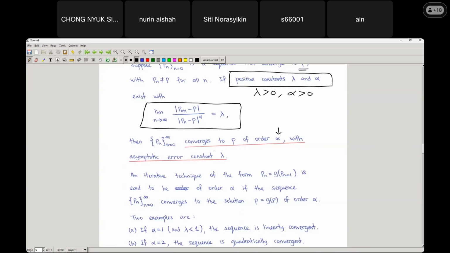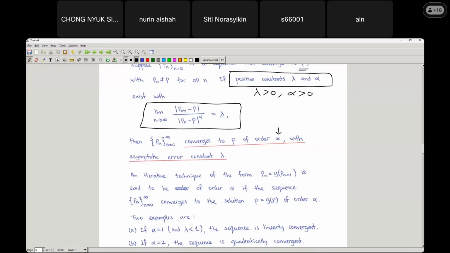Now in the exam, sometimes we'll just let you know that the sequence Pn converges to P of order 1, then you should know your alpha is equal to 1. With asymptotic error constant 0.5, then you know your lambda is equal to 0.5.